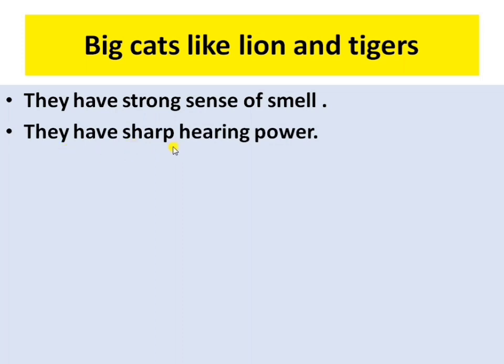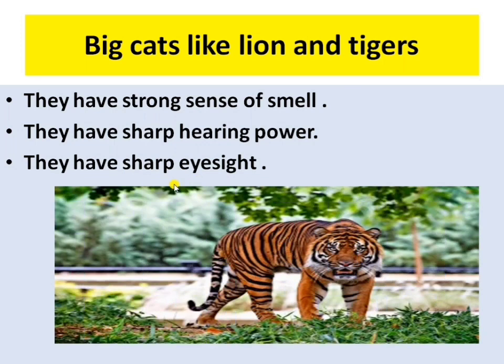They have sharp hearing, so they can easily hear even a slight movement in the forest, and sharp eyesight that helps them to hunt the prey. This is a picture of a tiger, and one more thing, their skin color helps them to merge with the surroundings. These are the adaptations of lions and tigers.